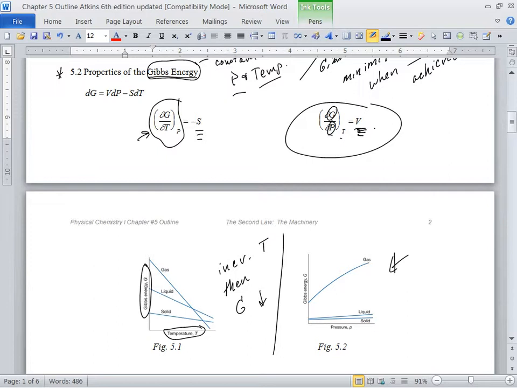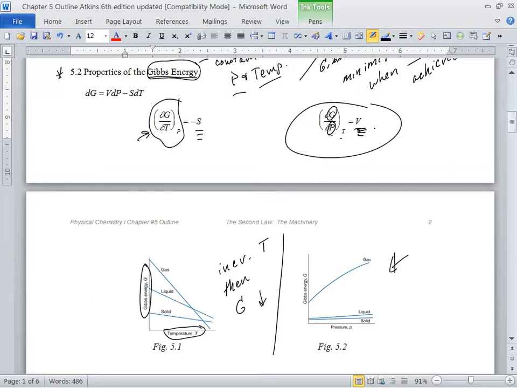Does that make sense? It's a weird way of saying something that you already know. If you have a liquid or a solid and you change the pressure, the result is volume.